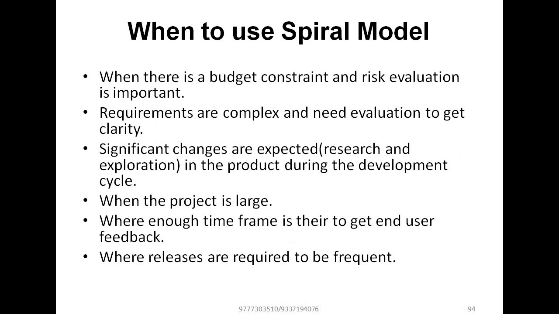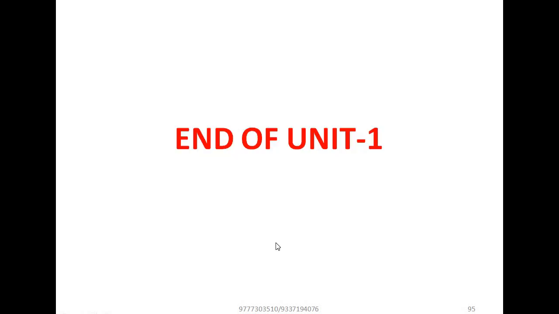Then when can I use the spiral model? When there is a budget constraint and risk evaluation is important, I can use the spiral model. When the requirements are not clear and very complex, I can use the spiral model. When the project is large and enough time frame is there, then I can use the spiral model.